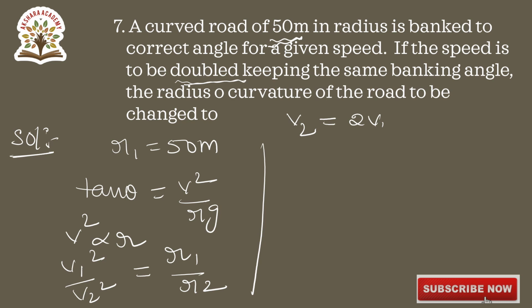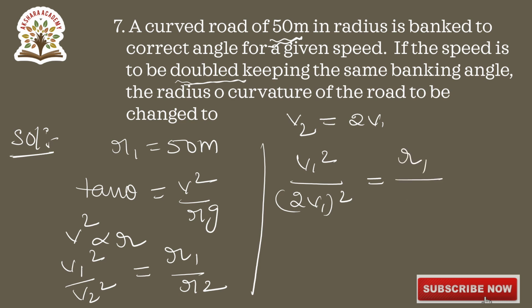Next, if the speed is to be doubled keeping the same banking angle, you have to calculate the radius of curvature. If speed is doubled, what is the radius of curvature? So substituting v1 square and v2 they given as 2v1 whole square, that is equal to r1 nothing but they given as 50.